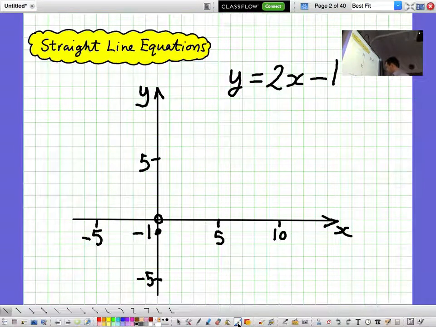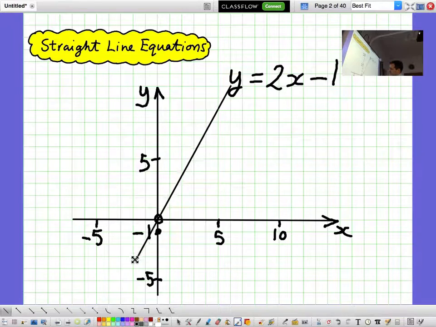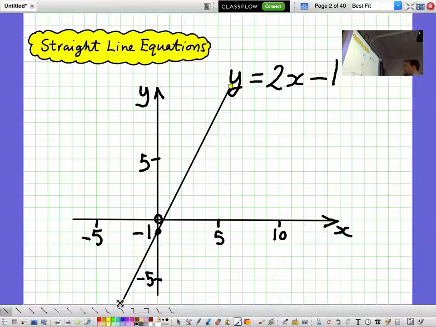So I'll just get my line here. And then 1 across, 2 up, 1 across, 2 up, 3 across, 6 up. Why not? And then back the other way, 1 and 2, 1 and 2. So there's the graph. Y equals 2x minus 1, cutting at minus 1, and with a gradient of 2.